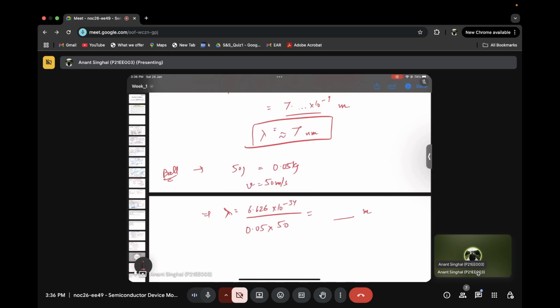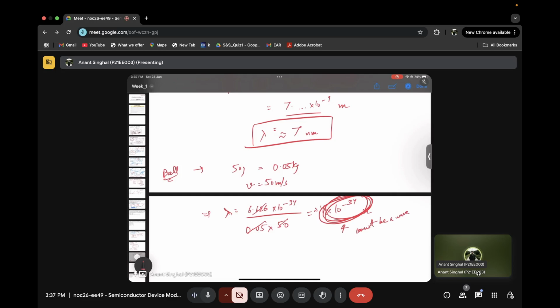So as it says, this is 0.05 times 50, which is 2.5. This should be something around 4, but in the order of 10 to the power minus 34. So this is a very, very low number, right? So it cannot act like a wave. Any big particle cannot be a wave.